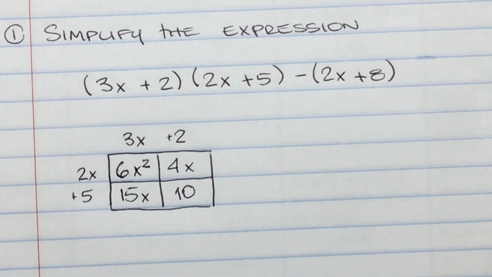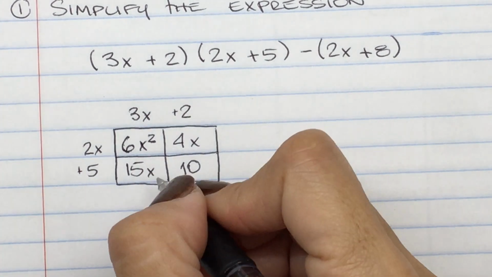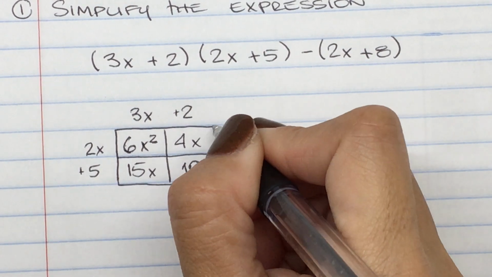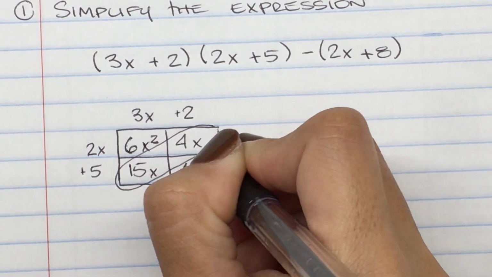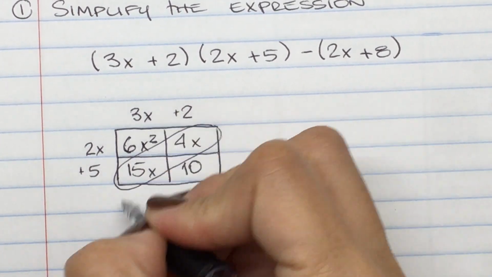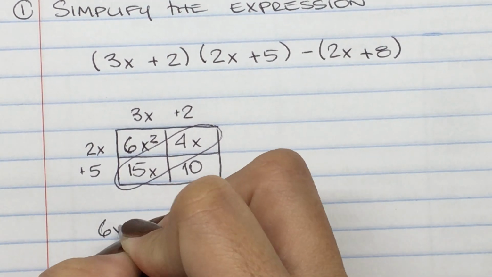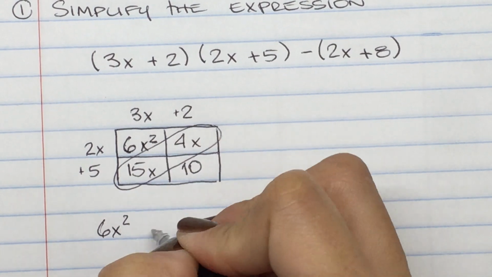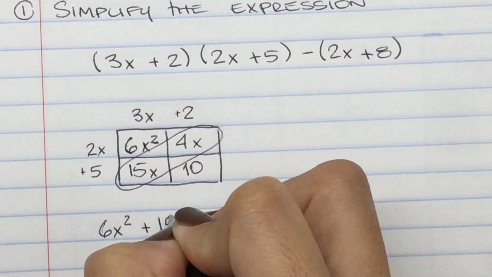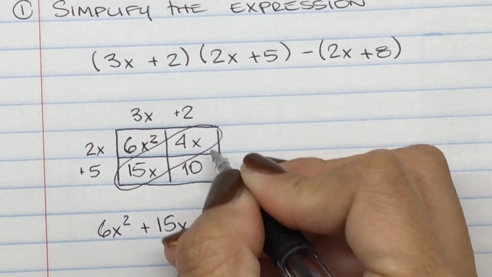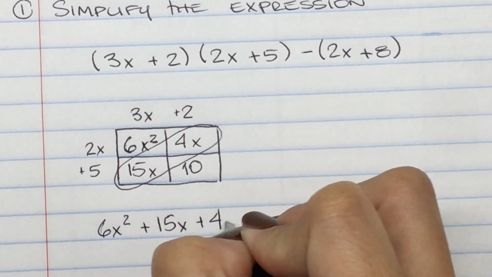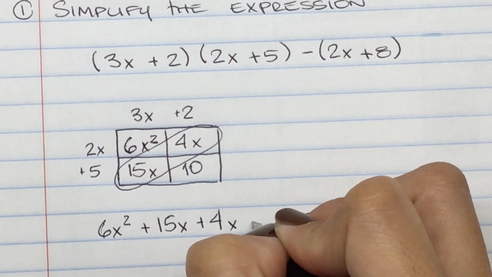After that, we're going to rearrange it. We usually do our loop thingy. So I'm just going to rearrange it using the commutative property. I'm going to bring down my 6x squared, my plus 15x, my plus 4x, and then my 10.